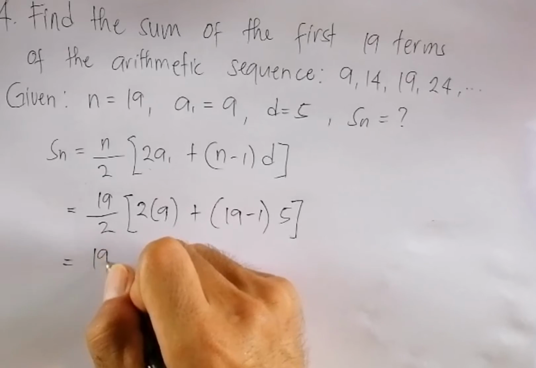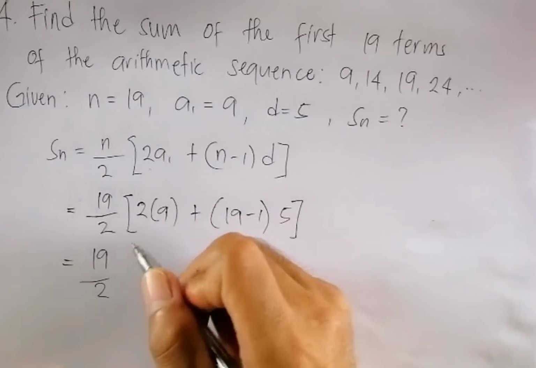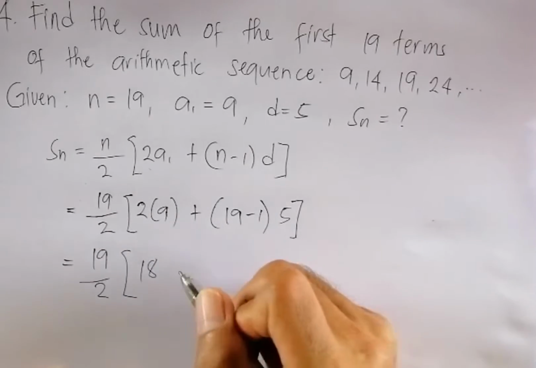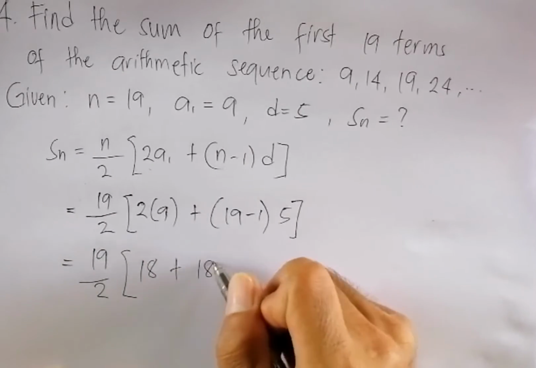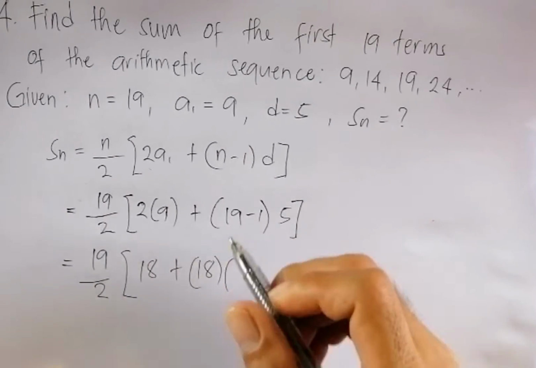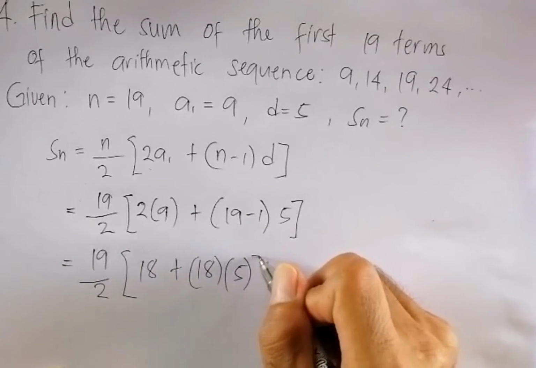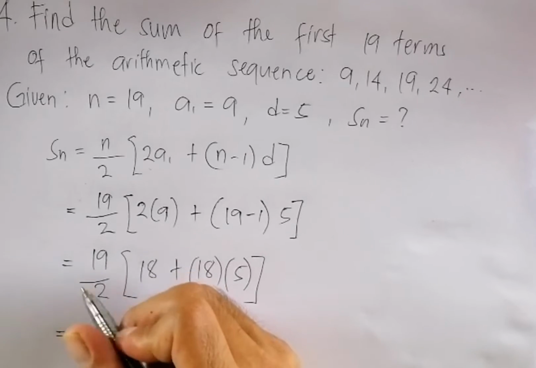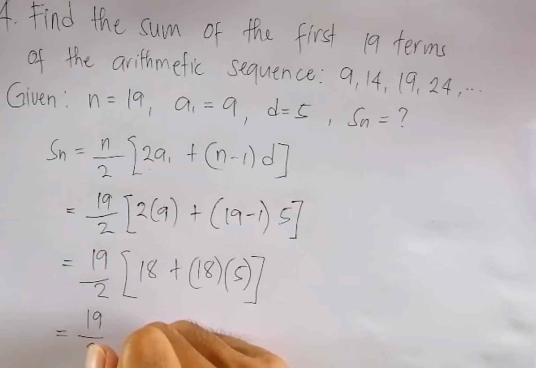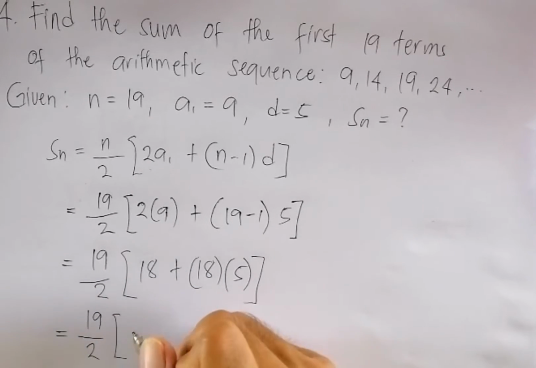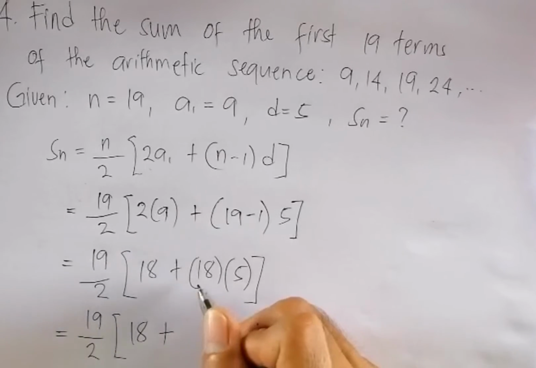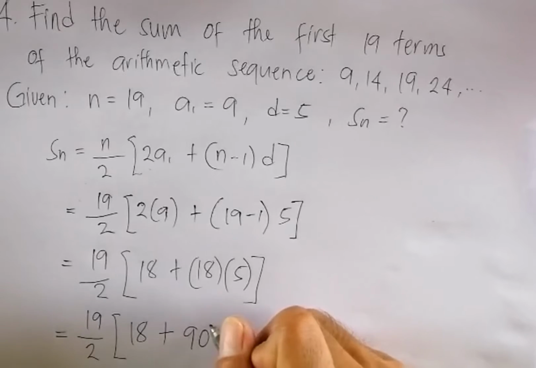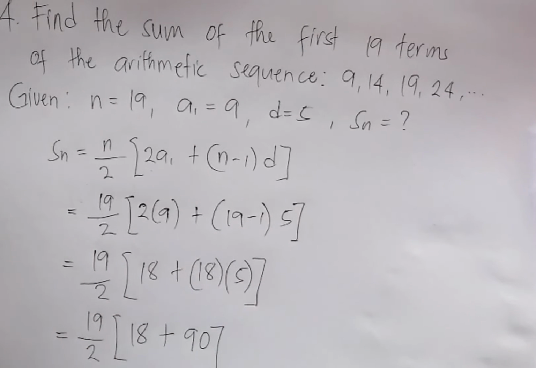That is equal to 19 over 2. We have 2 times 9 is 18, plus 10 times 5. 18 plus 18 times 5, that is equal to 90.